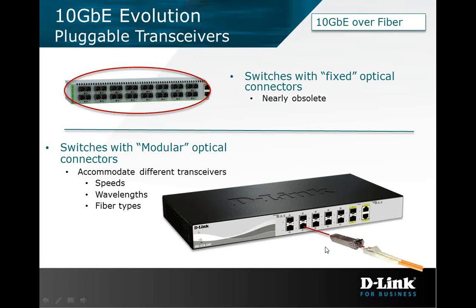So today, these are pretty much all pluggable transceivers. Why would we want pluggable transceivers? Well, it allows us to have one switch and we can vary what type of speeds we want. If I want gigabit, I can plug in a gigabit SFP. I want 10 gig, I plug in a 10 gig SFP. I want multi-mode, I can plug in multi-mode. I want single mode, I plug in single mode. So the flexibility is within the transceiver, and I can use one switch, one size fits all.